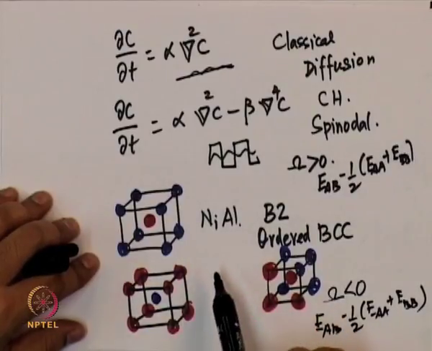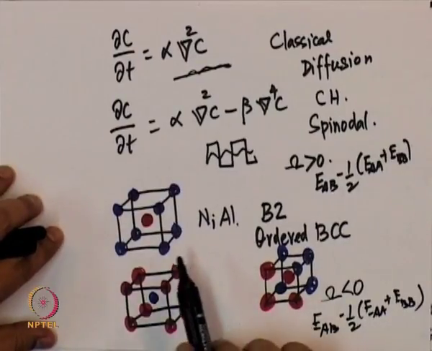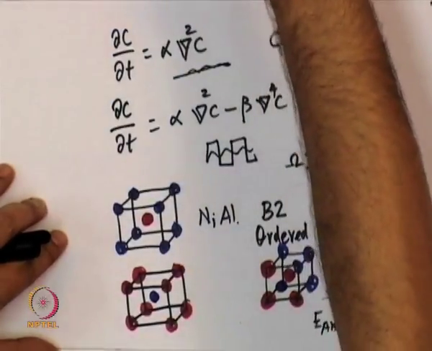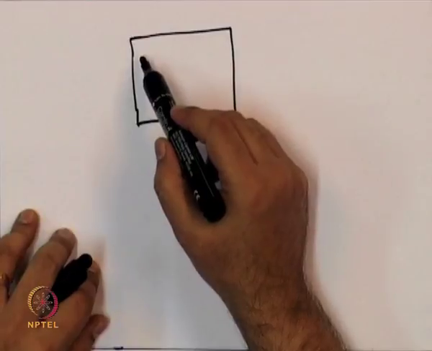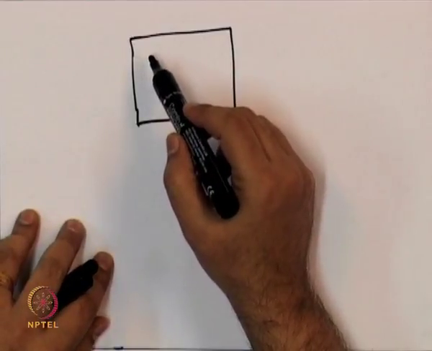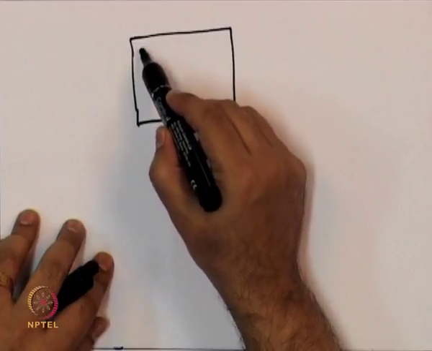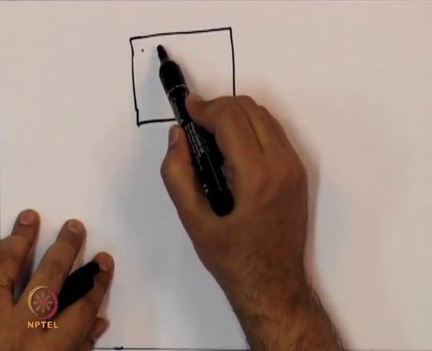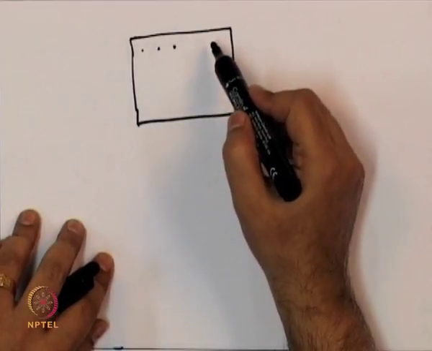Now, when the system undergoes ordering, suppose I decide to take the crystal, and let us say that I look at regions. Each point that I am considering now is not a single lattice point, but a collection of maybe hundreds of lattice points, say unit cells.